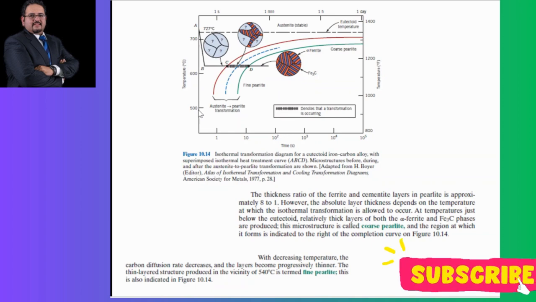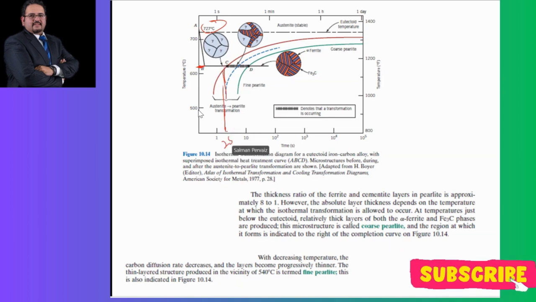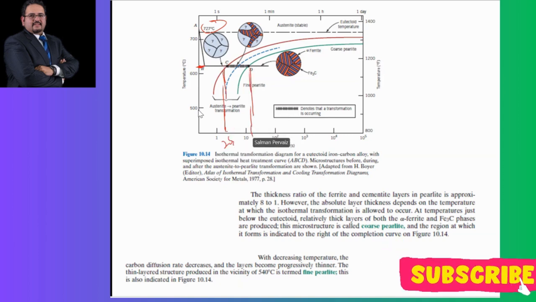Yes, Yusuf, makes sense? Yeah, Professor. Also, the austenite pearlite transformation takes under 10 seconds according to this graph, correct? Yes, that's true. So if you are cooling down from 727 to roughly 625, the transformation will start somewhere here, let's say 2 seconds, and it's going to complete maybe somewhere here.